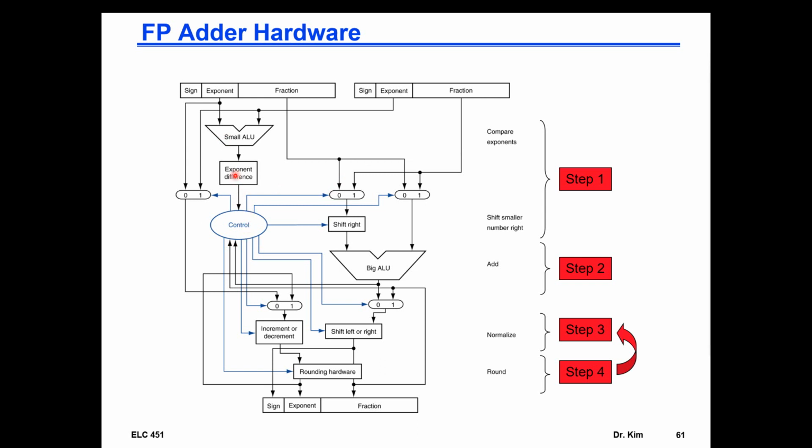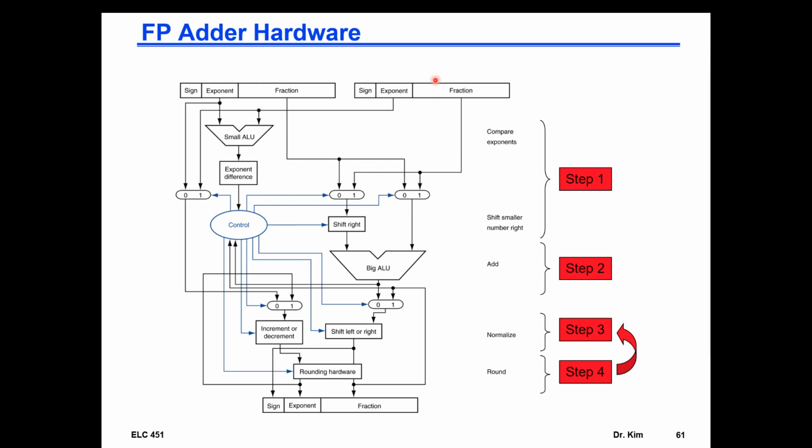So the controller is going to look at the difference and is going to know which fraction needs to get shifted and let it through to this multiplexer, and then it is going to shift it as much as it needs to according to the difference. Okay? And then the other one is going to come through this multiplexer, and that's where they get added over here.